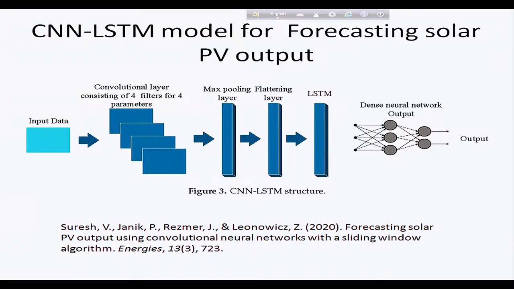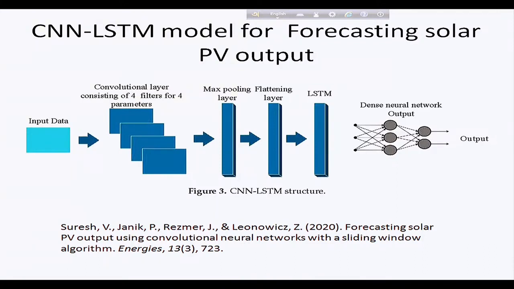In forecasting, the temporal information is very, very important. And the LSTM is very useful for processing sequence data. Forecasting data is nothing but sequence data, and time is an important factor.